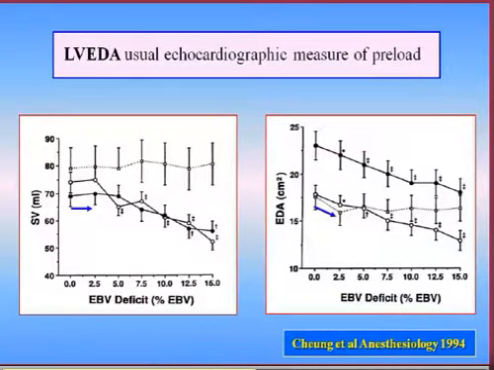And in this very nice study, where patients were submitted to progressive hemorrhage and blood depletion, the authors demonstrated that the end-diastolic area was very sensitive to changes in blood volume, while stroke volume did not change at this moment. So it is a very sensitive measure of preload.